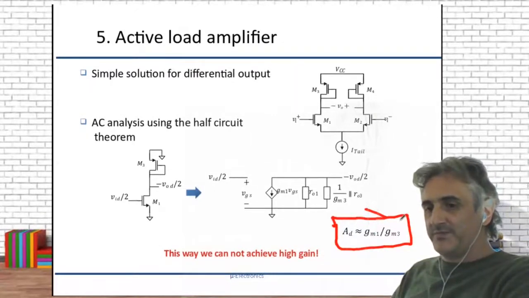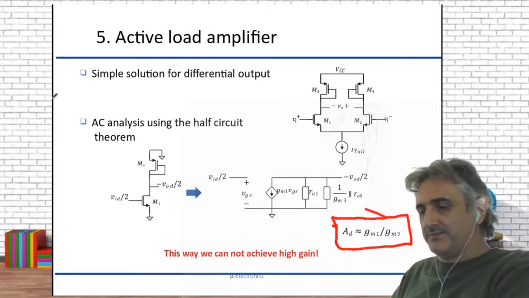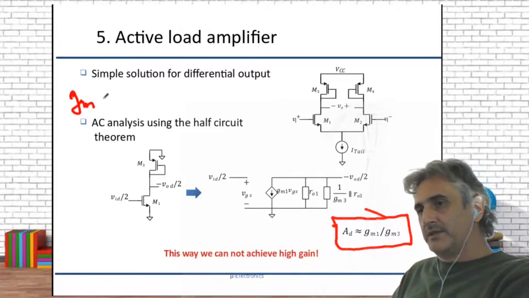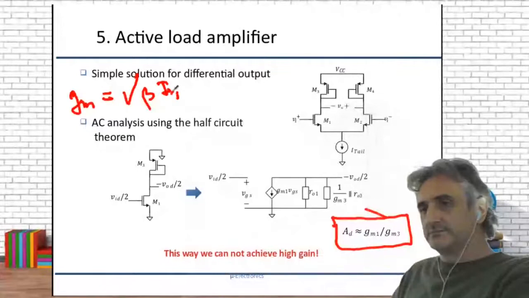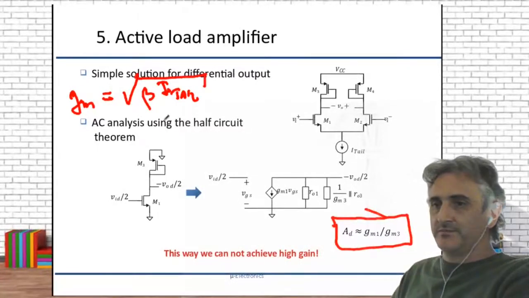So remember that the GM is just the square root of 2 beta times the tail current.